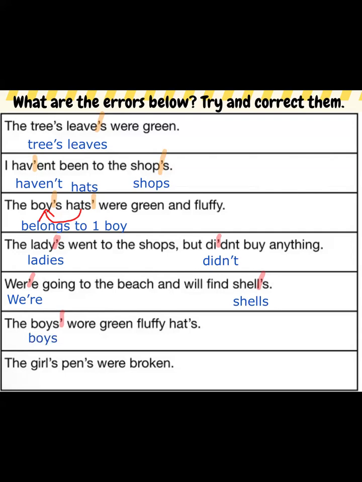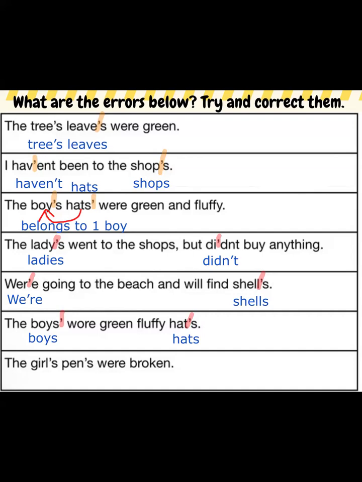The hat is the object that they are wearing, but it is a plural object. So again, to make it plural, I don't need the apostrophe. I just need the S on the end of it because in that sentence, we're not showing the belonging at all. Okay.